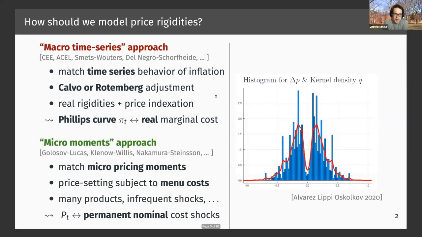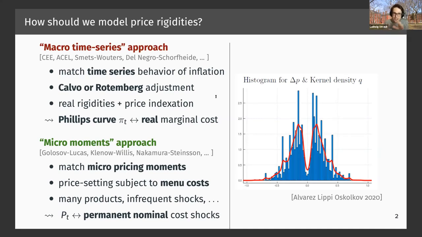There's also a more micro moments approach, which has really flourished in the last 10, 15 years. And here, the goal is really to match pricing moments in the micro data. So here on the right, you see, for example, price changes as you see them in the micro data. And here, the standard workhorse model that people have been using are menu cost models with several extensions, possibly to many products, possibly including infrequent shocks, et cetera.